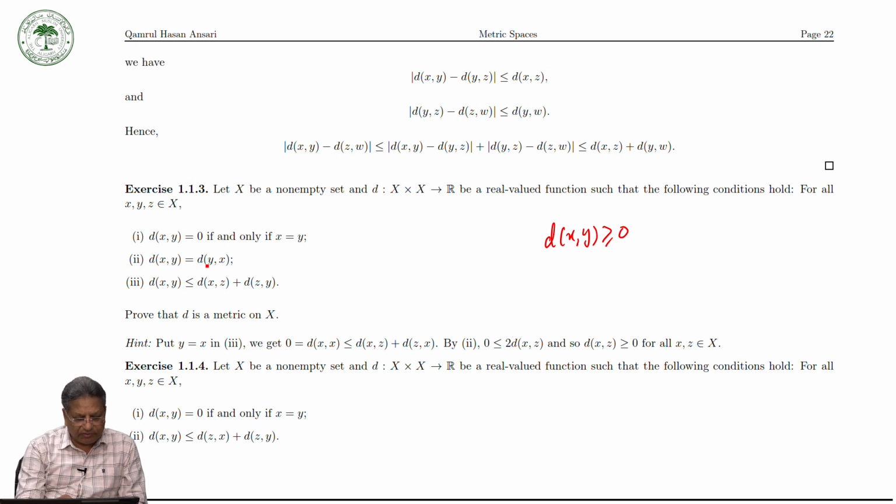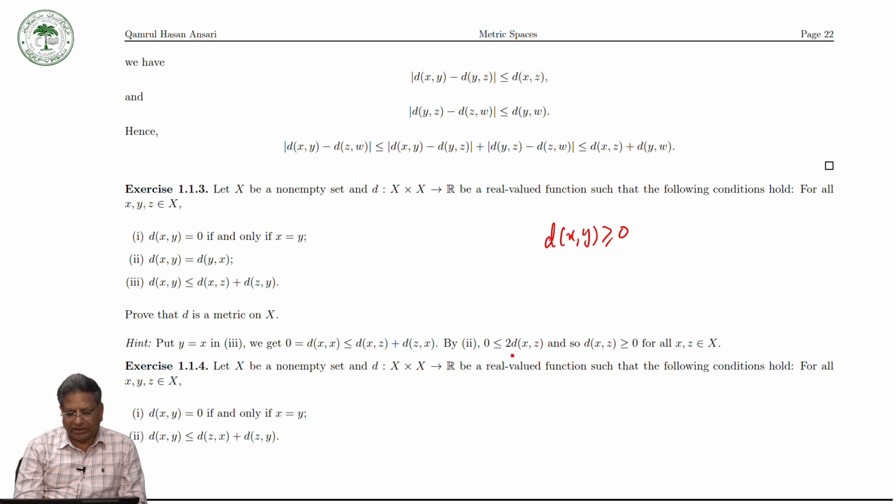So how can you find it? You can put y equal to x in this one, and then you will see that 0 is equal to dxx, which is less than or equal to dxz plus dzx. Now you can use the symmetry property, and then you can see that 0 is less than or equal to 2 times dxz.